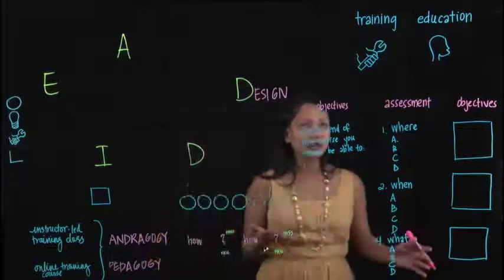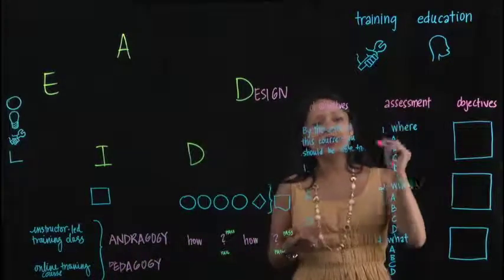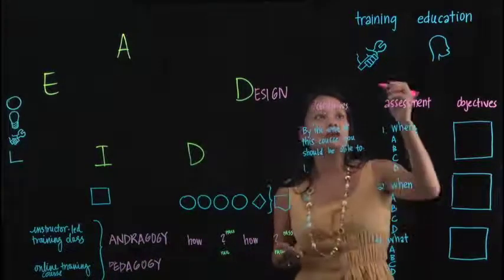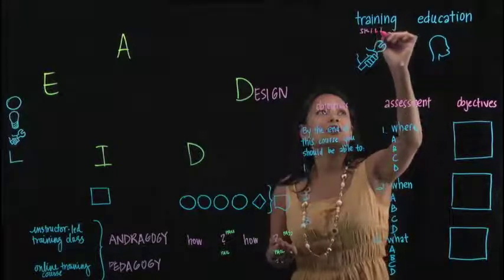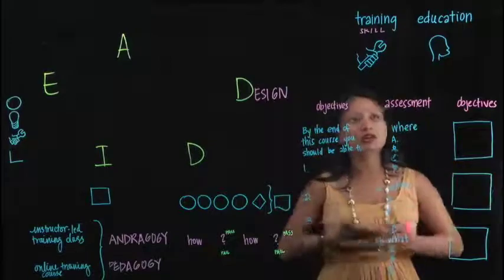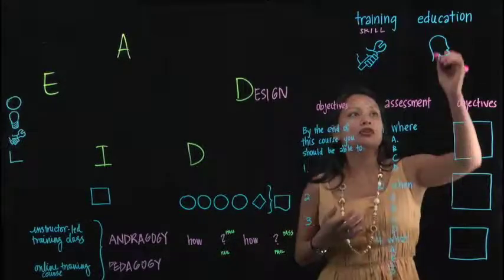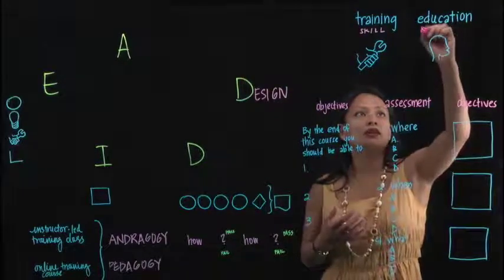Well, one, which is training, generally tends to transmit skill. Whereas education, when you're talking about educating people, what you're trying to do is to pass on knowledge.